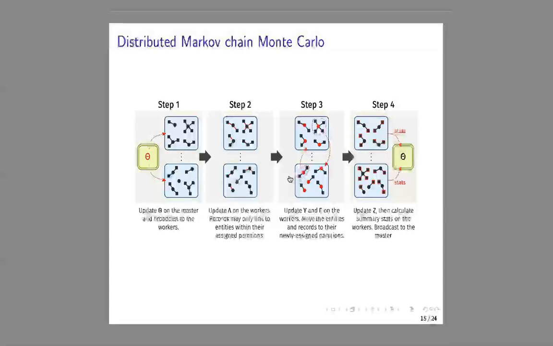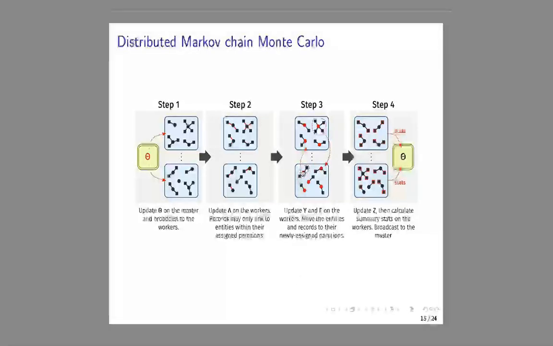Then in the next step of the partially collapsed Gibbs sampler, now we jointly update Y and gamma on the workers. In this particular step, we can resolve issues or mistakes. So entities now can move and records are assigned to different particular partitions.